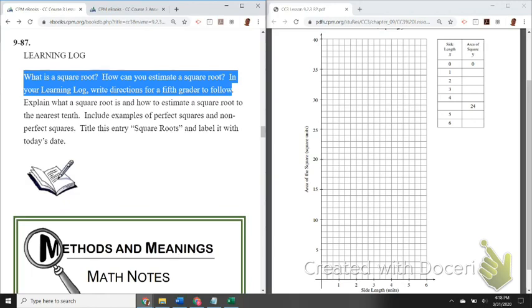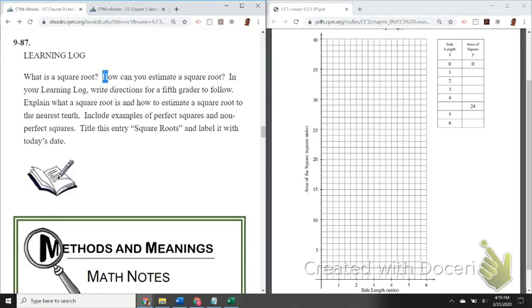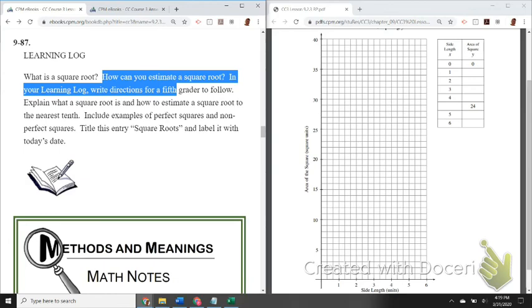And I want you guys to write the instructions to do this as if you're explaining this to a 5th grader. Really, the better question that I want you guys to focus on is, how can you estimate a square root? Okay, so again, pretend you've got a 5th grade little brother or sister or cousin or something, and you're going to explain to that 5th grader how to estimate square roots, what you've learned today.